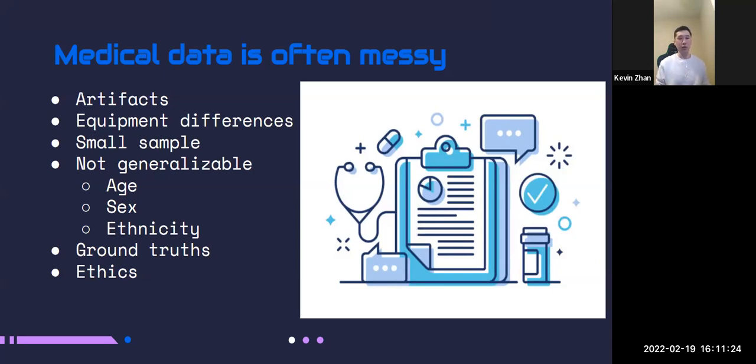Another thing is ground truths. So like I said before, it's quite difficult to know exactly what is the ground truth. Sometimes something like a biopsy will confirm when diagnosis is not too clear. But again, this takes time and it's not always available. Ground truths also require experts.